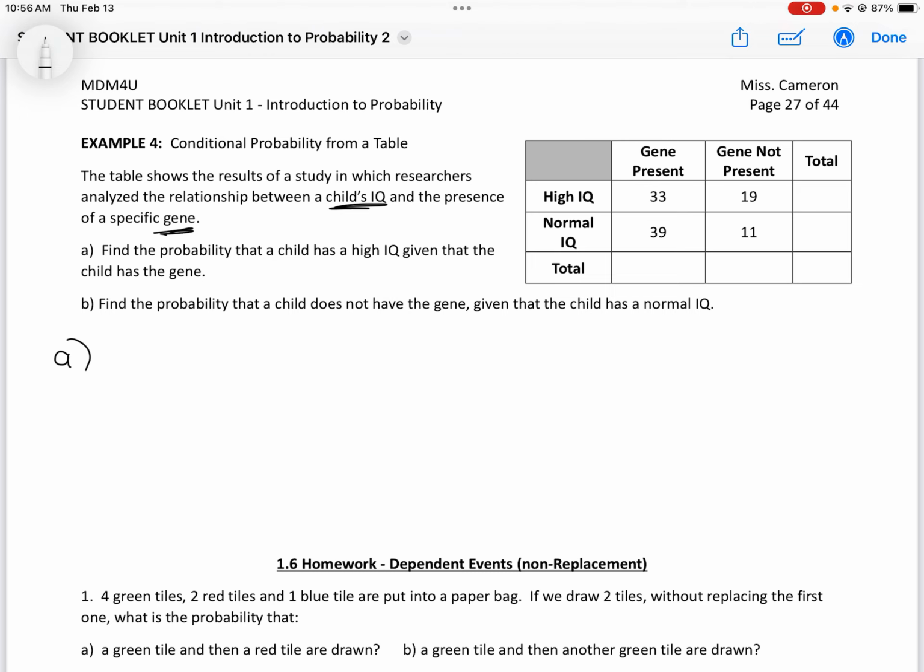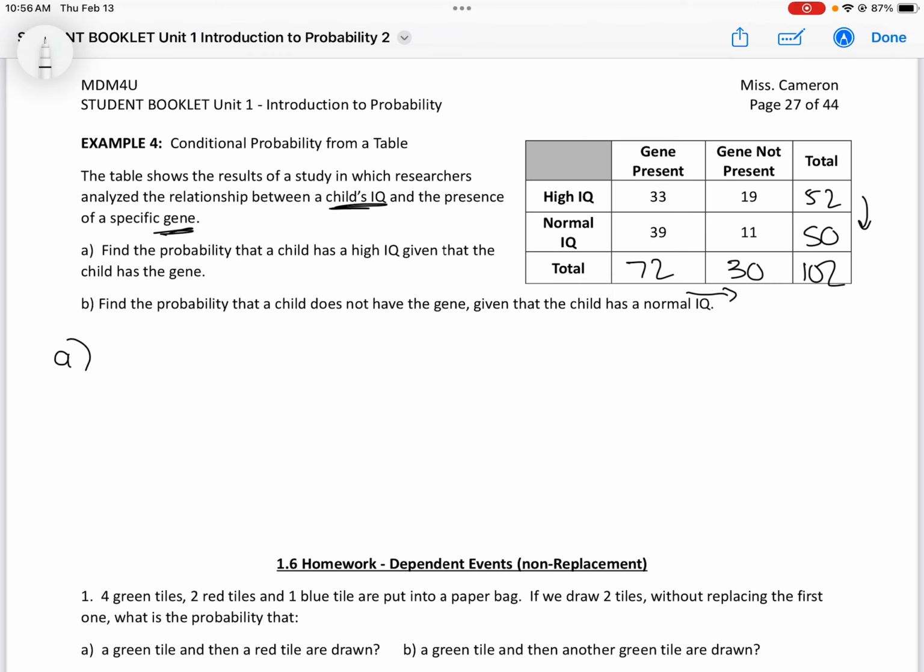If we total these, we have 72 where the gene is present, then 30 where the gene is not present. We have 52 people with a high IQ, and 50 people with a normal IQ. Adding across, you should get 102.